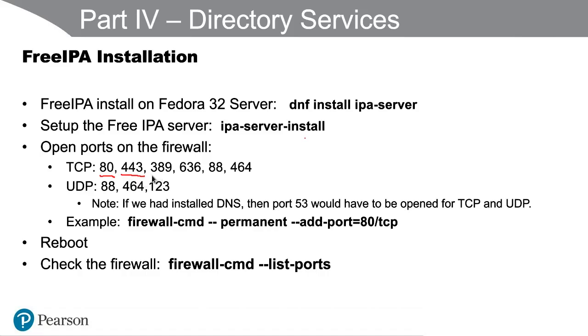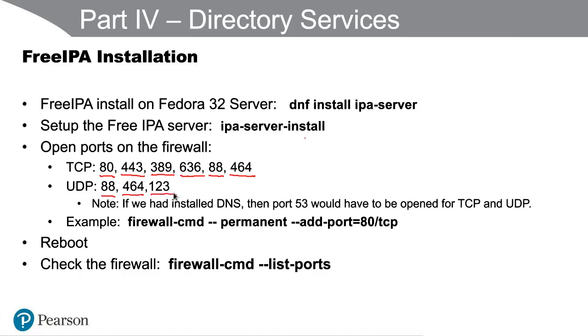Then we have port 389, which we mentioned already is the inbound directory services port for 389DS, and really anything LDAP based. And then the secure version with TLS, that's port 636. Then we have port 88, which is Kerberos, and 464, which also utilizes that. On the UDP side, we have 88, Kerberos, 464, and 123.